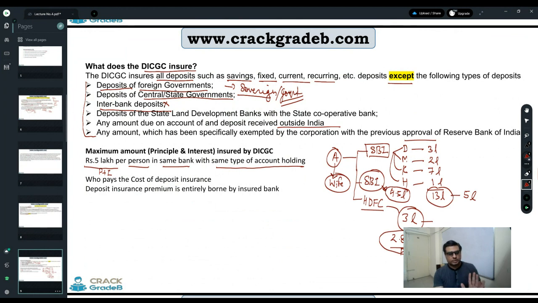Keep this in mind. Now the next question is, who pays the cost of deposit insurance? The bank. Suppose SBI or HDFC is the bank, the cost of insurance is borne by the bank, right?